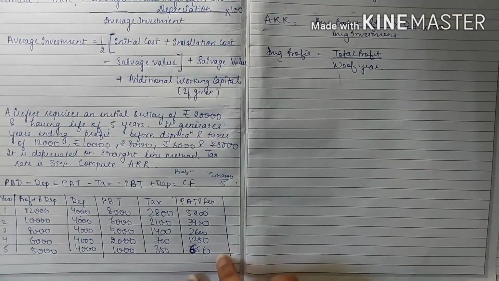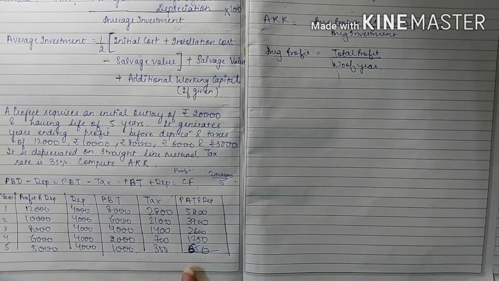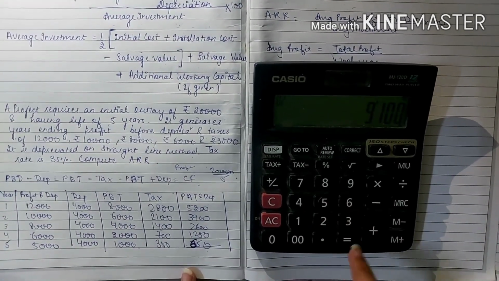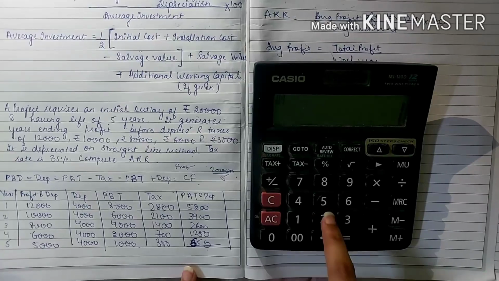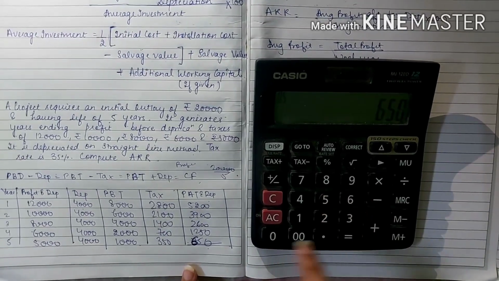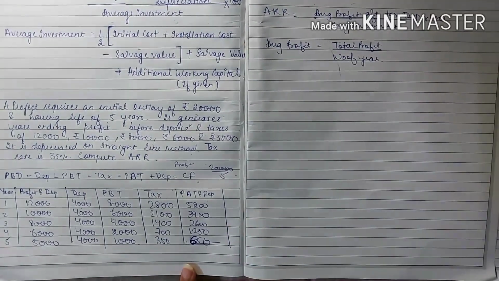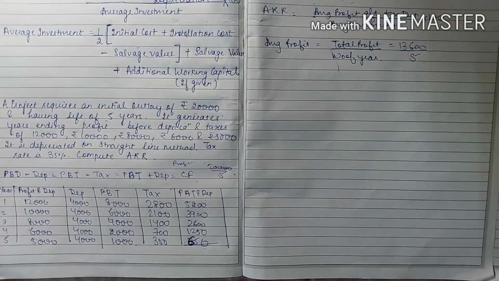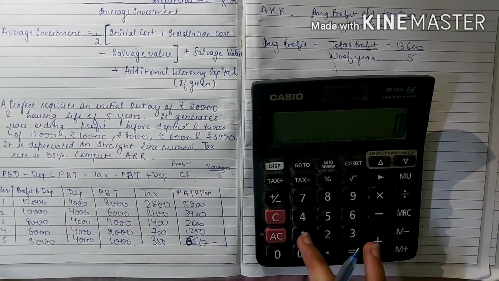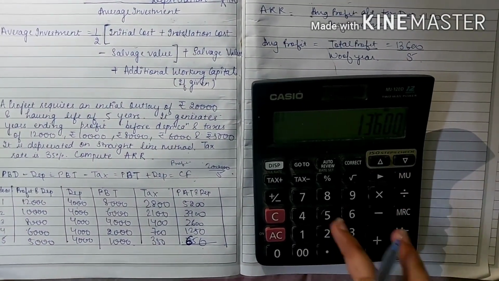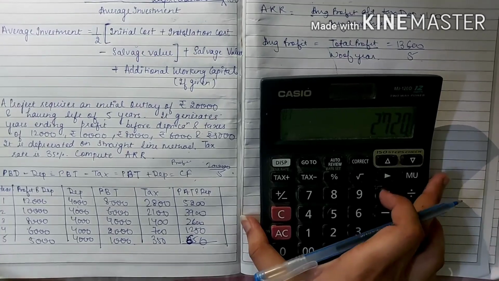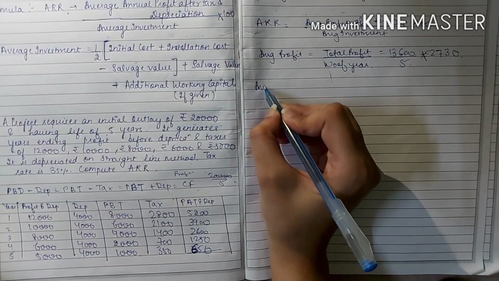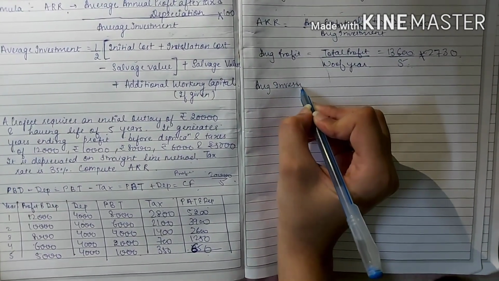Here the total profit is 5,200 plus 3,900 plus 2,600 plus 1,250 plus 650. It is 13,600 upon 5. So 13,600 upon 5, 2,720, 2,730. Now we have to find out average investment.